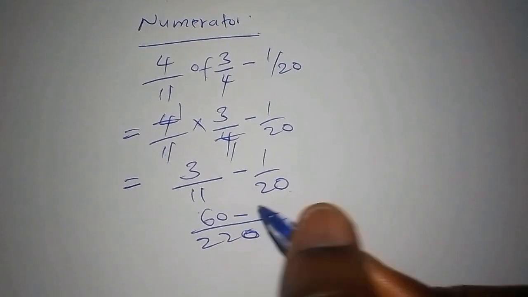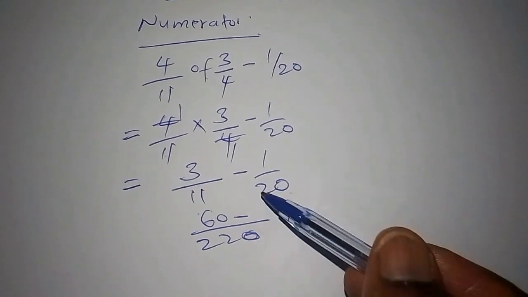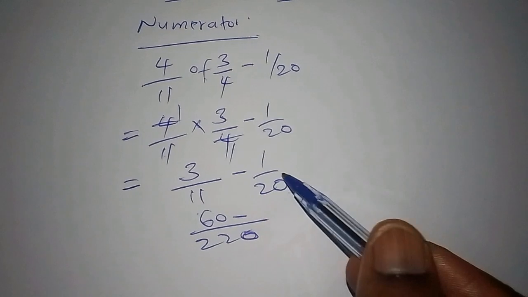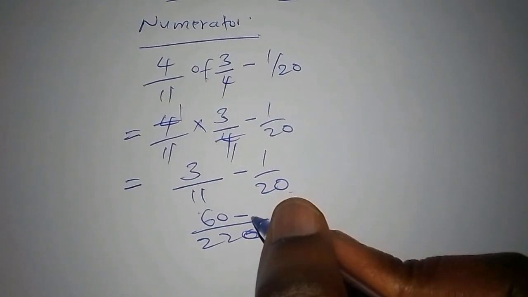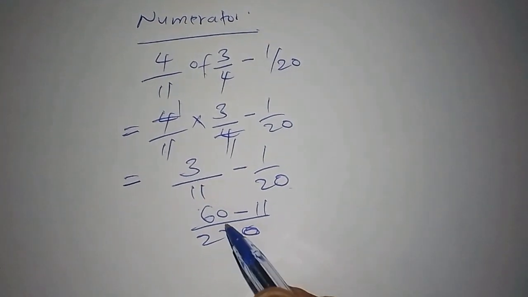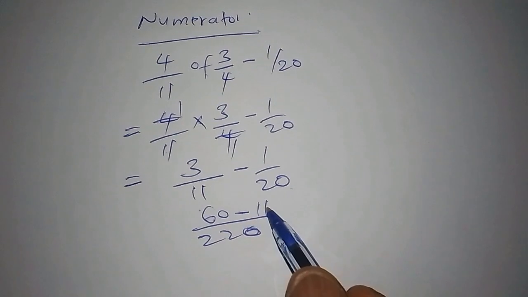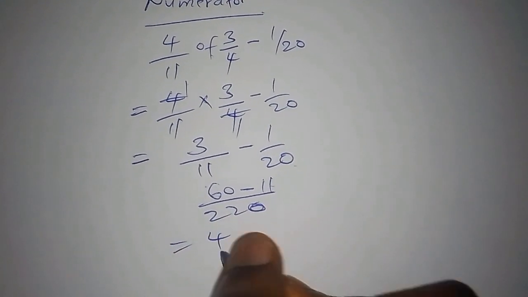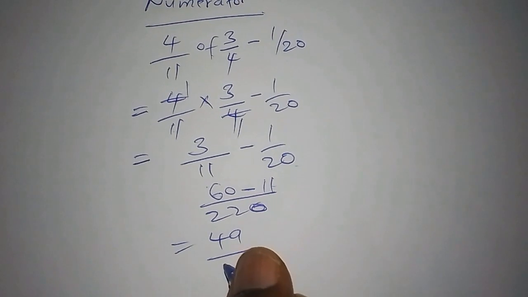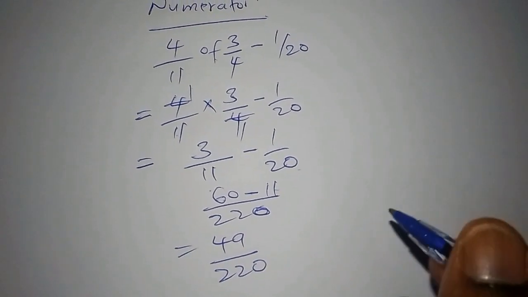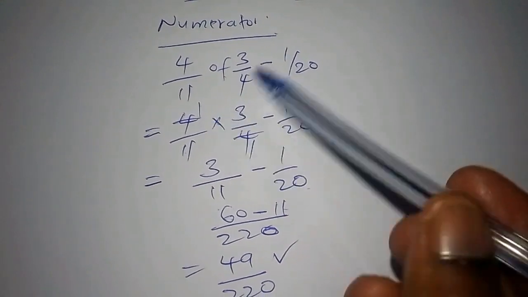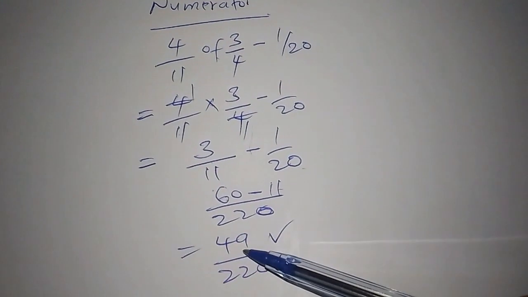Subtract from 20 goes into 220 how many times? We have it 11 times, and 11 times 1 is 11. So from there, when you subtract 11 from 60, we shall get our answer as 49 out of 220. So this is the first answer for the numerator. This answer becomes 49 out of 220.